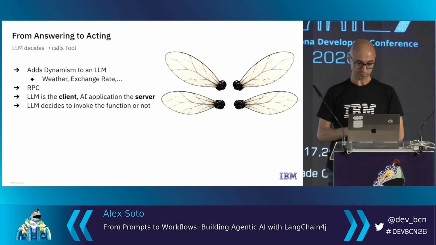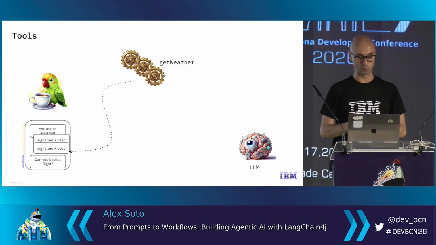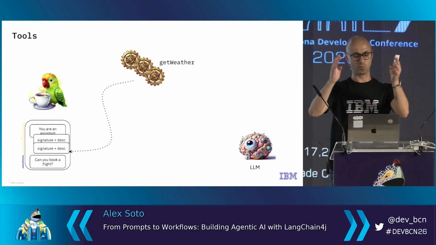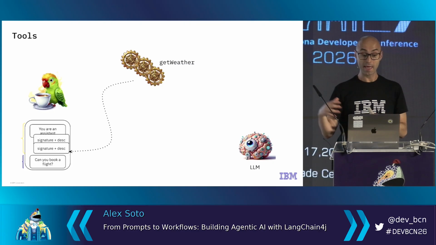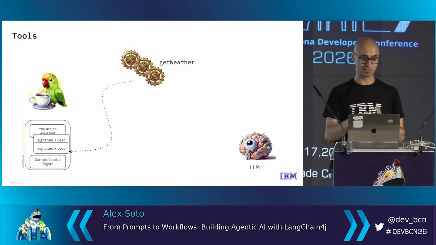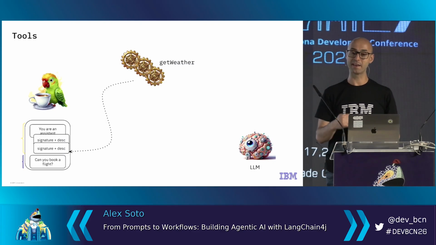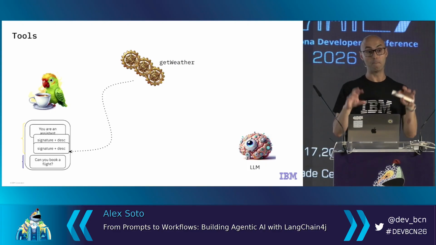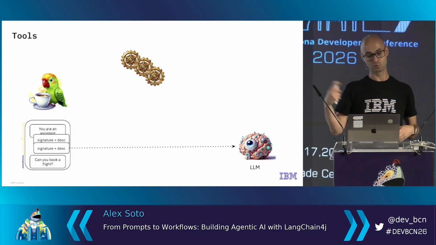Then, how does it work? Basically, we have a lot of tools. In this case, we have one like getWeather. When you send the request to the model, you send the system message, the user message, and also the signatures and descriptions of all the tools, or all the methods, that are available. So you send all this to the model.